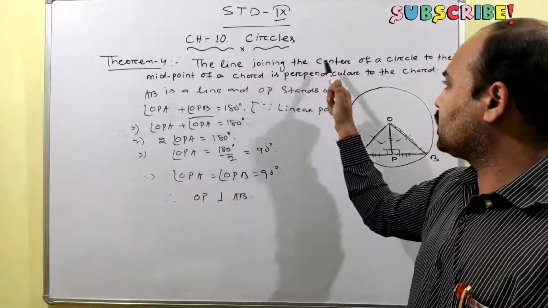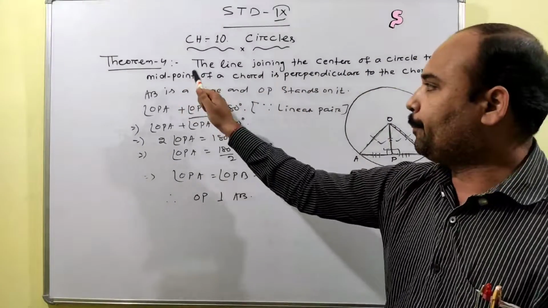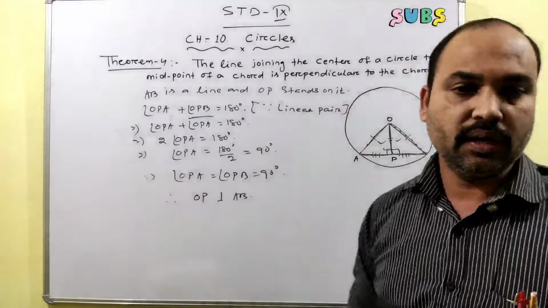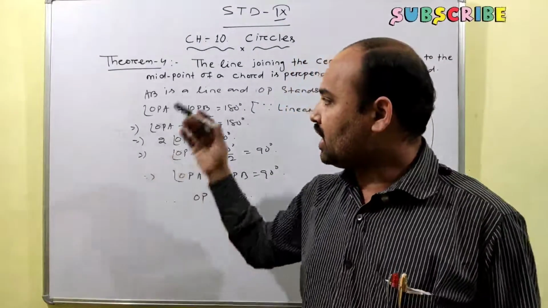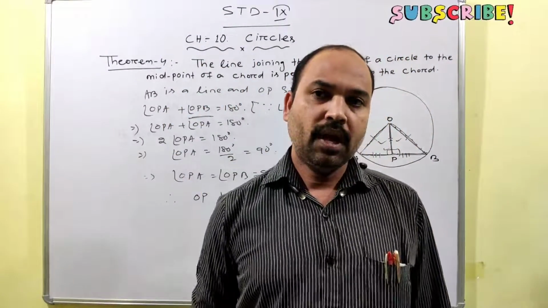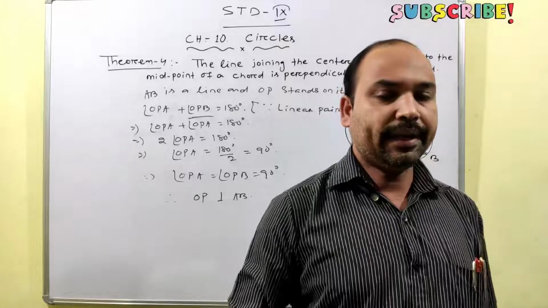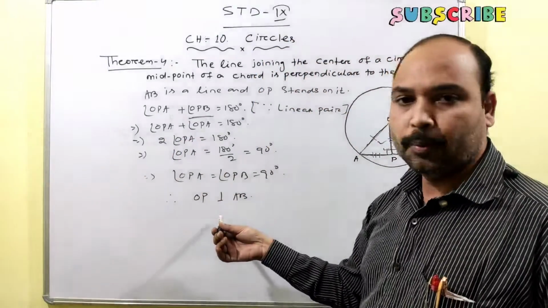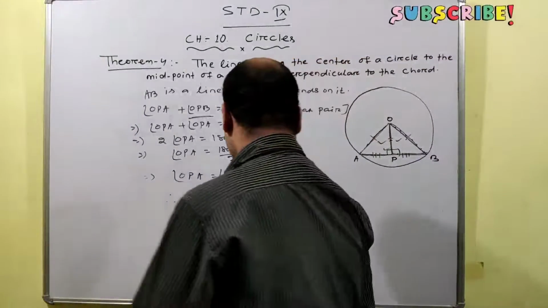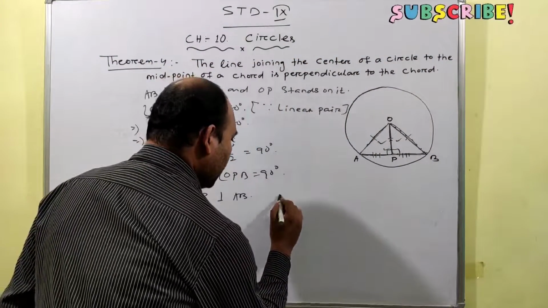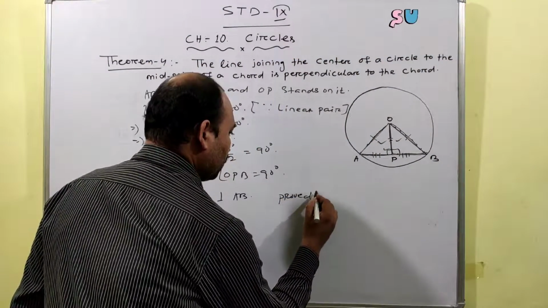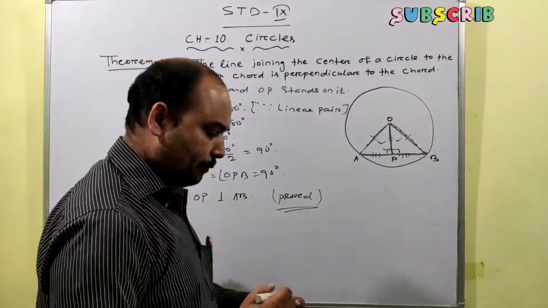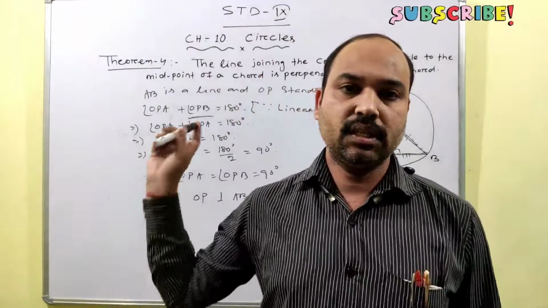The line joining the center of a circle to the midpoint of a chord is perpendicular to the chord. First, we write the given. After that, to prove, then construction, then proof. We did here how to prove OP perpendicular to AB. Last, we can write proved. Okay? In this way, we have to prove this theorem.